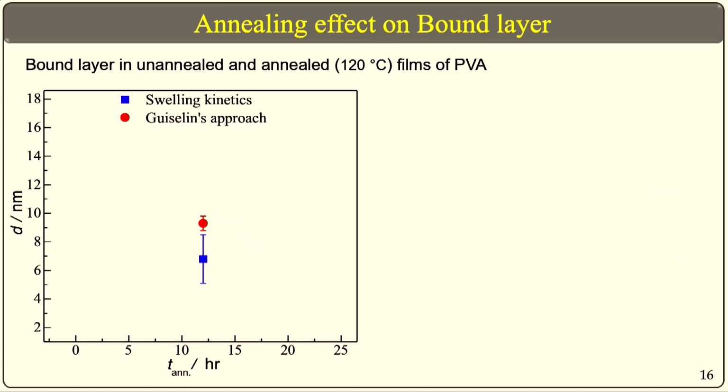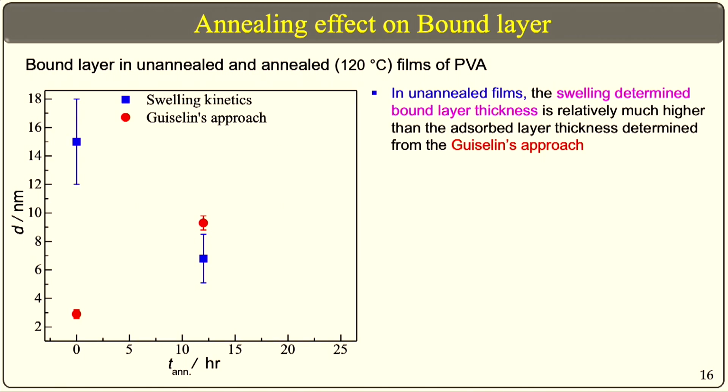Now to conclude, for today's talk I focused on this part of the study, where we found the thickness of the bound layer for an annealed film of about 12 hours to be pretty close, and then I'll come to our explanation of why there is some difference. Now let's focus on the unannealed part.